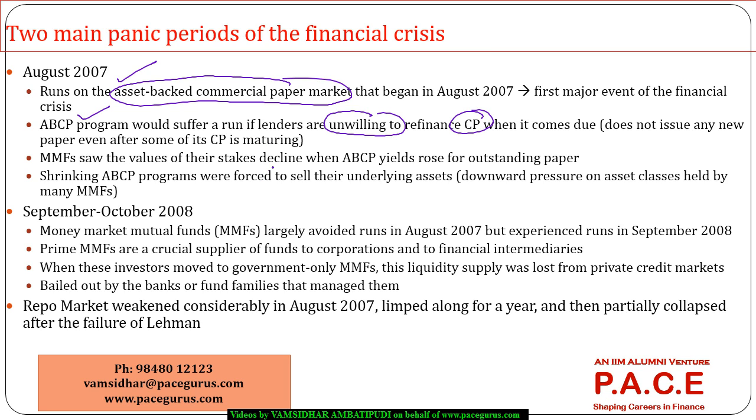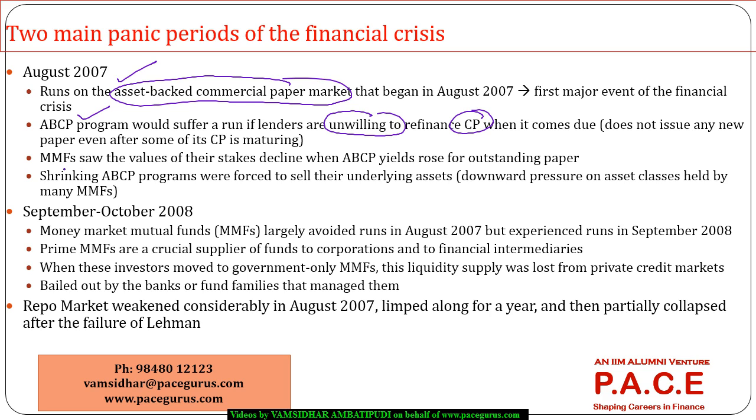But that refinancing could not happen during August 2007 when the commercial paper was falling due. So no new paper was coming out even though the existing commercial paper was maturing. That itself is a clear indicator that there is some liquidity problem in the system.